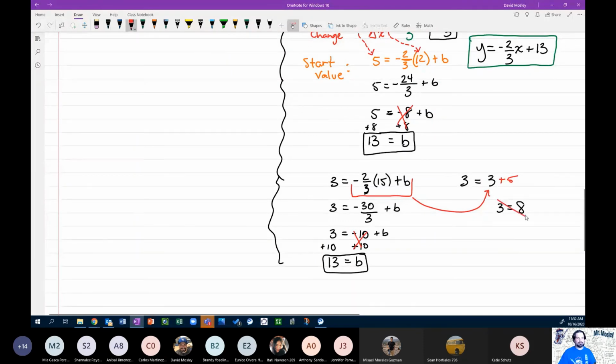This is false, not true. So if I add 5, I have to also add 5 to the other side. And then we get 8 equals 8. And that's true.